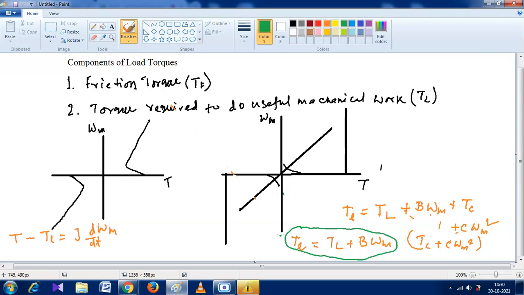What do we get if we substitute the value of TL?